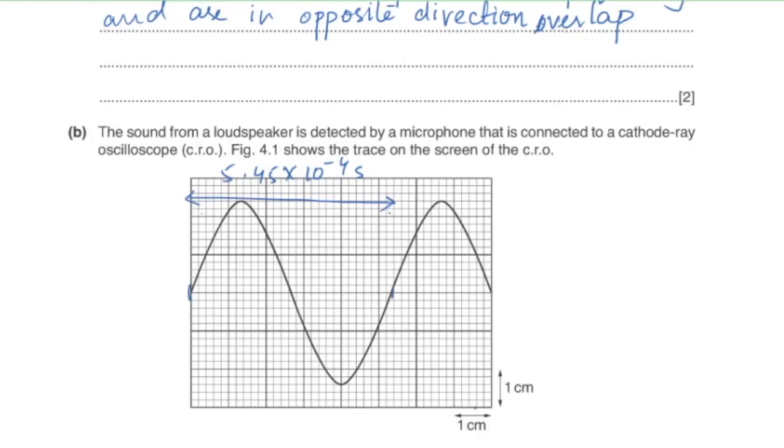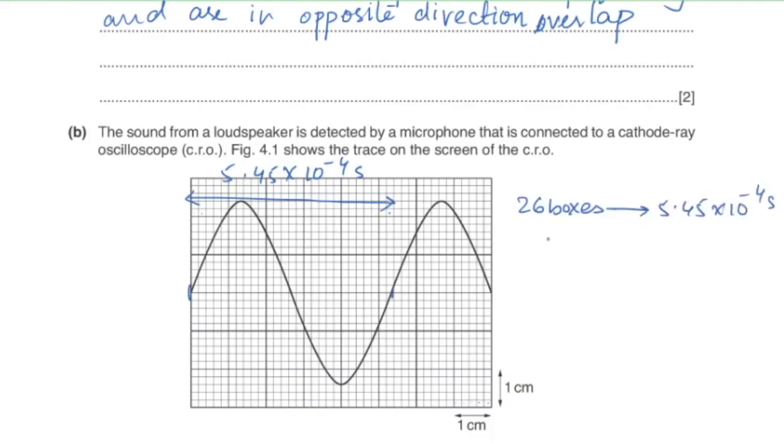Now 1 centimeter of this larger box has got 5 small boxes, counting from here 1, 2, 3, 4, 5. This 1 centimeter comprises 5 small boxes, and this one complete wavelength comprises 26 small boxes. Now 26 small boxes is 5.45 into 10 to the power of -4 seconds.